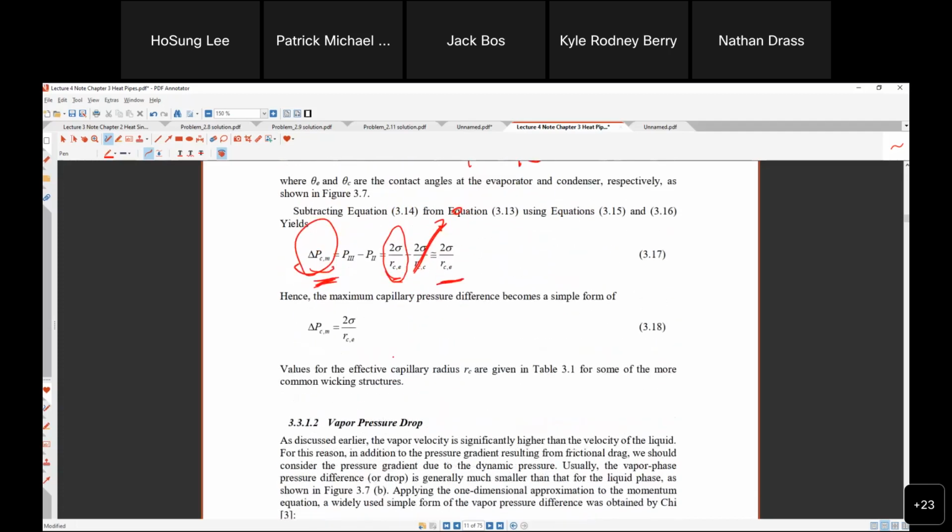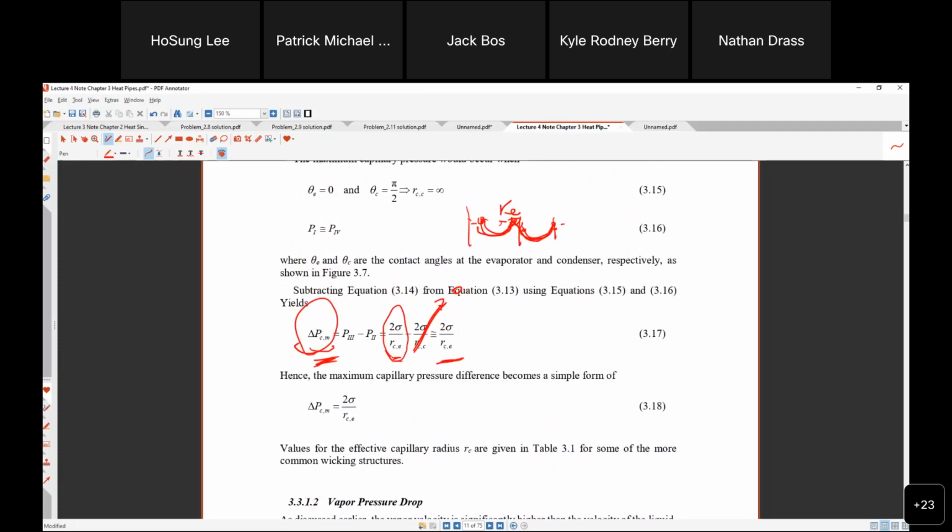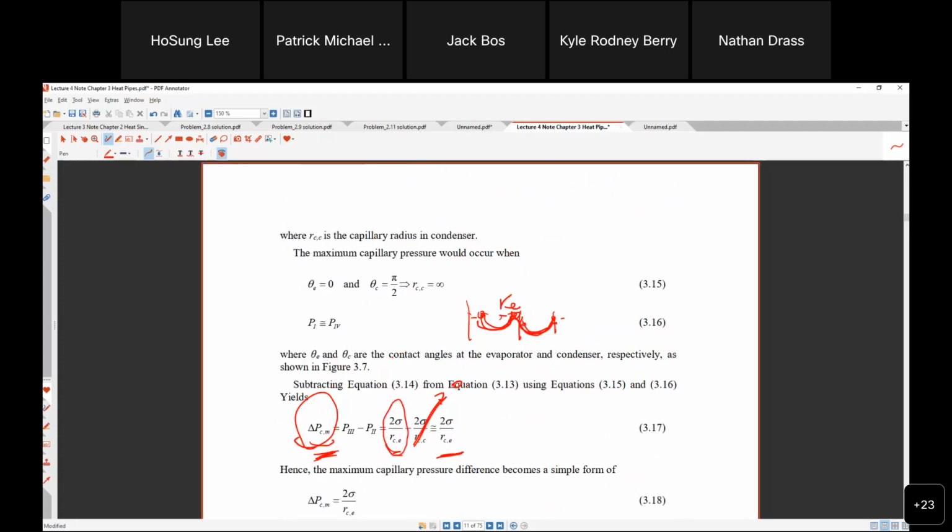Any radius smaller than a hemisphere would be included, but that's the hemisphere. R over CE is the hemisphere radius, the half of the diameter of the hemisphere.